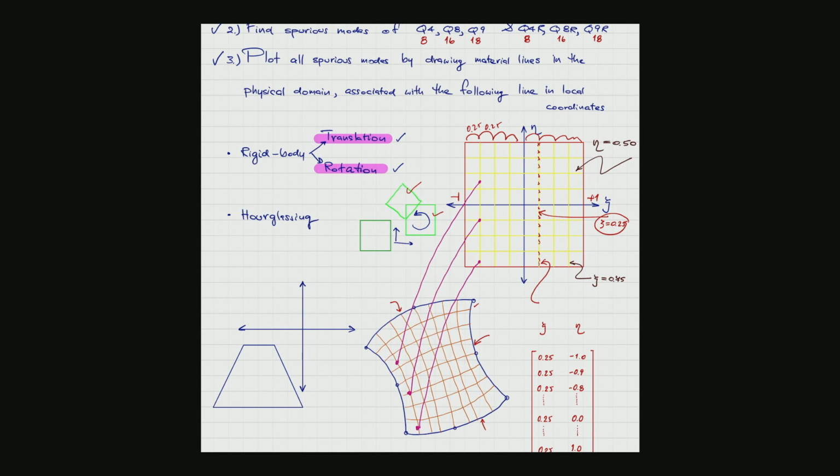To be precise, you have strain, but strain energy turns out to be zero. That is the very particular shape of deformation that does not need the external force. So Q4 is going to show the hourglassing this way. Q8, Q9 is going to show something like that.